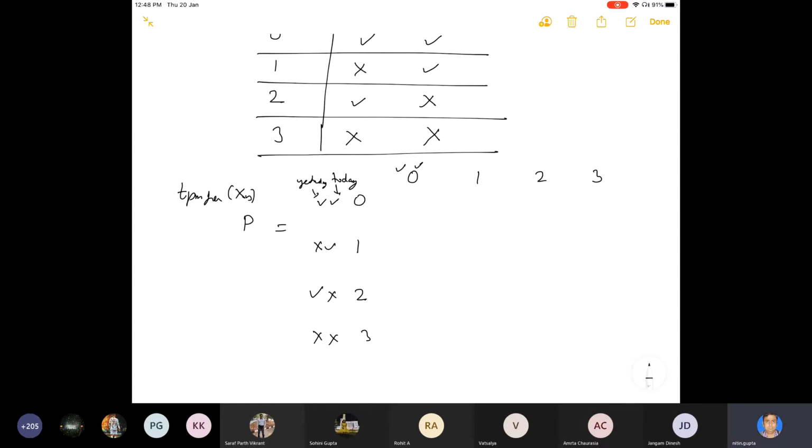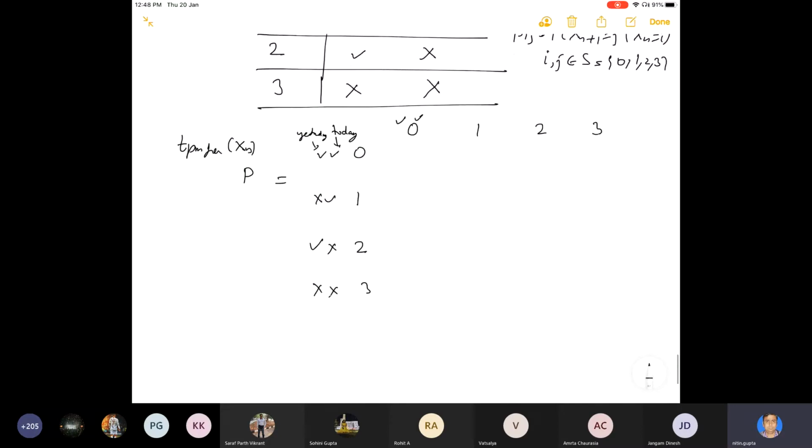Pij will be the probability that Xn plus 1 equals j, given Xn equals i, where i, j belong to the state space 0, 1, 2, 3. This is today and this is tomorrow.